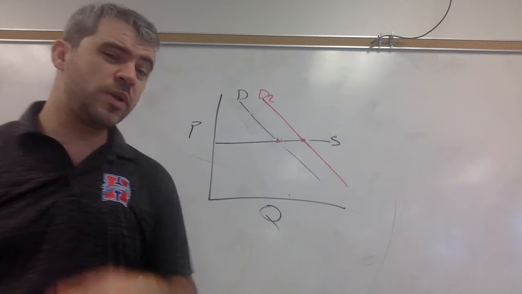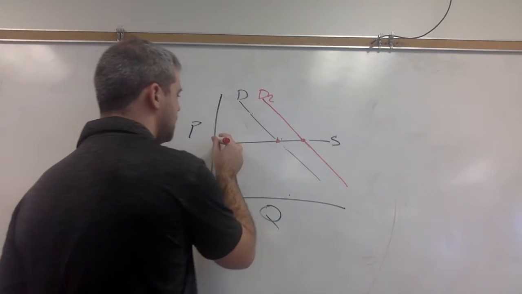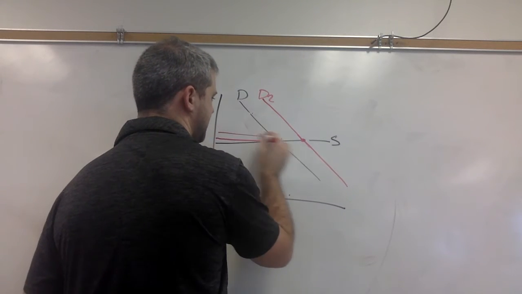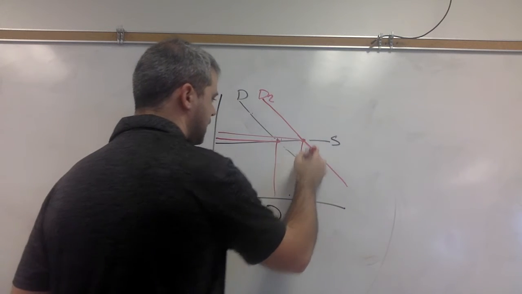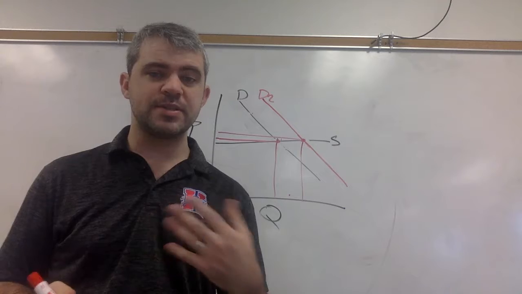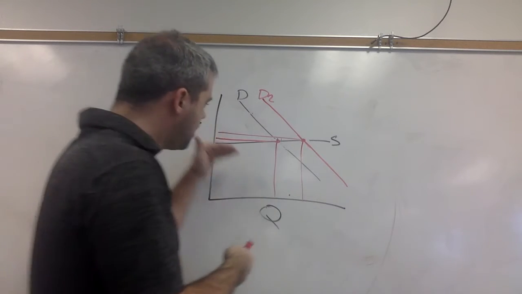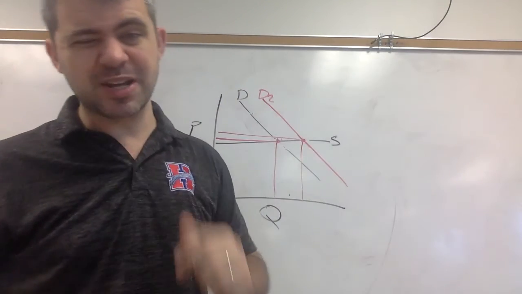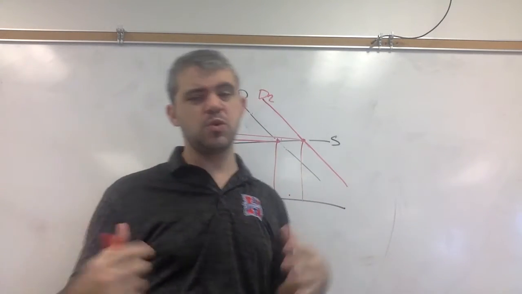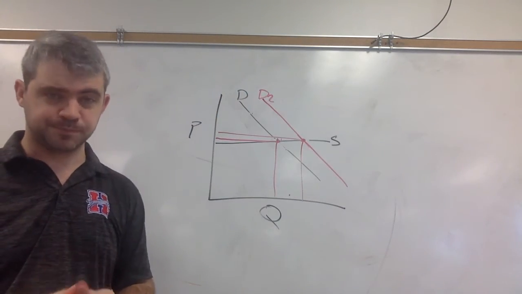Now again, we see the effects that we typically see. Our price increased and our quantity increased. But you can see here that the increase in quantity was a lot more than the change in price. Just a little bitty change in price caused a huge change in quantity.